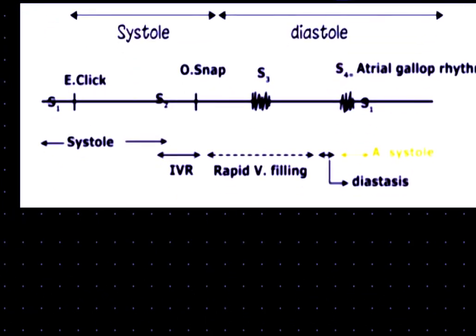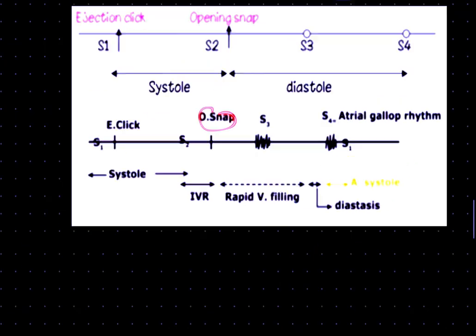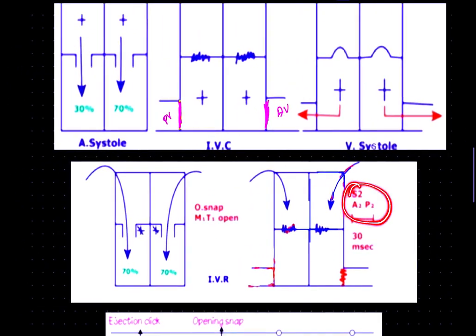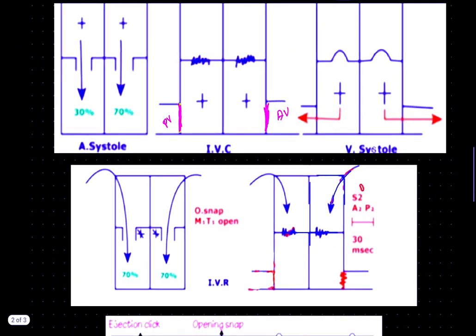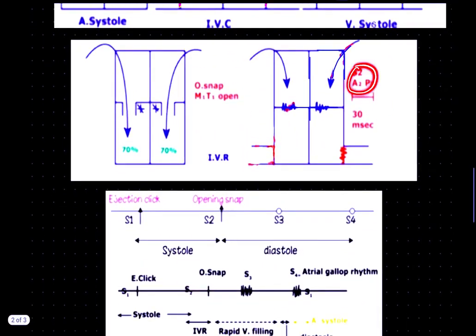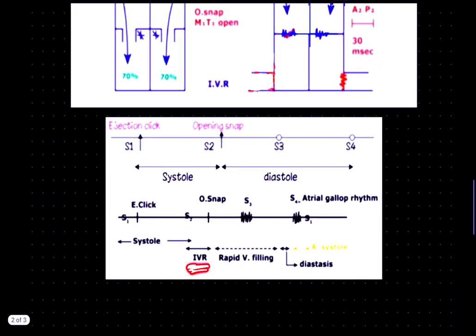Now talking about the hemodynamics, we have systole right here, and between S2 and the opening snap, what is going on? IVR, isovolumetric relaxation.